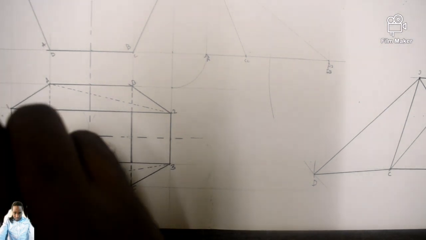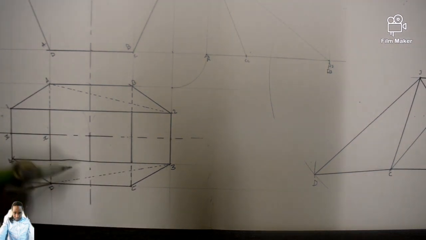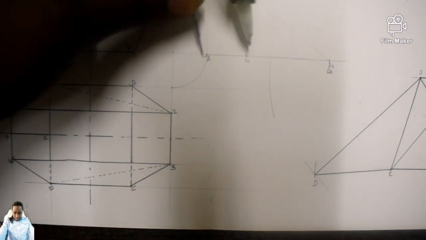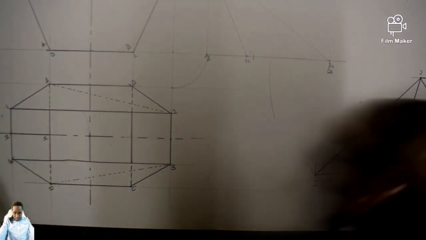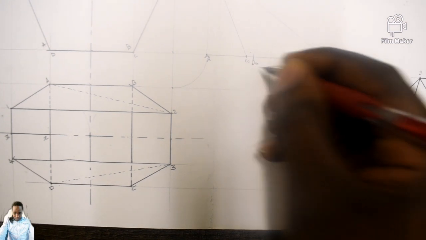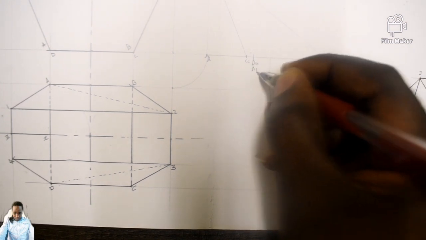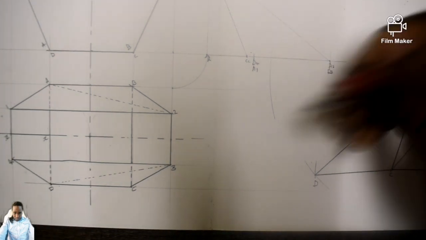D to 4, which is this one. Now without disturbing it, convert it to your true length, which is this one. So this is D4 and is the same as A1. You understand? So don't forget this one.